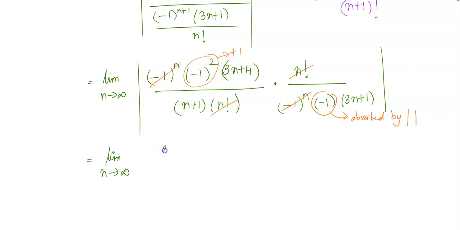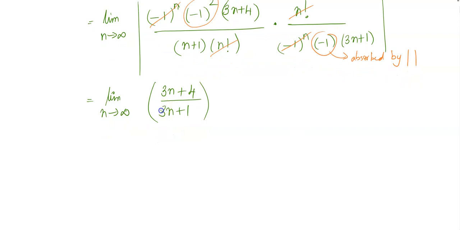What we are left with inside the bars is (3n+4) over (n+1), right? And because of the absolute value bars, n being a positive integer, you can drop the absolute value bars. So I'm doing that also in this step.